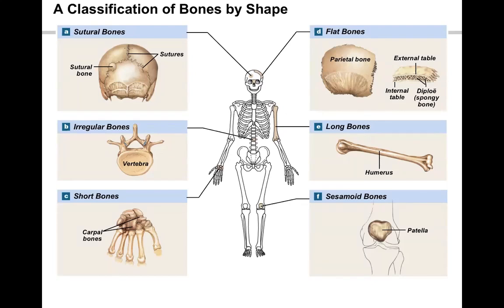These are small, flat, oddly shaped bones found between the flat bones of the skull. If you look at the clothing that you're wearing right now, you will see two pieces of cloth put together by a thread. This is suturing.